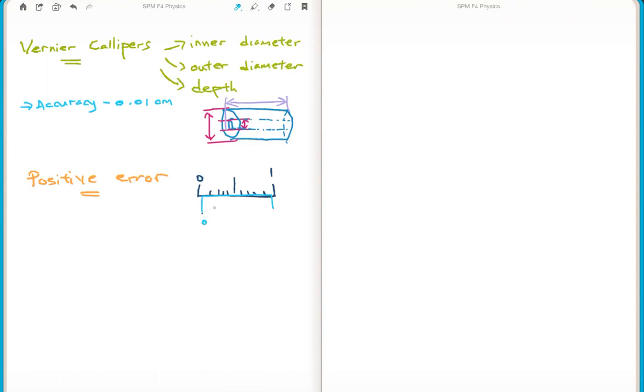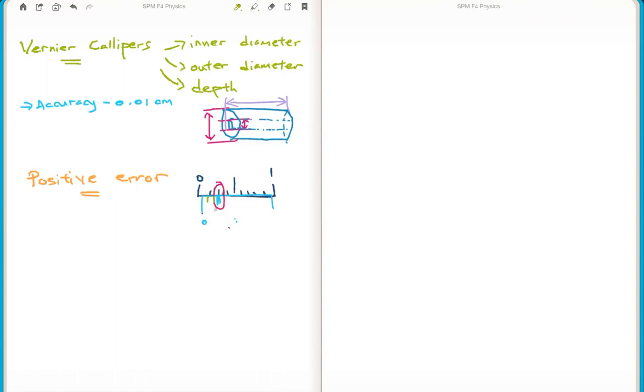So if you have positive error, what you do is you look for the notch, where the top one, the main scale, and the vernier scale coincide. You look at the vernier scale. How many notches are there?